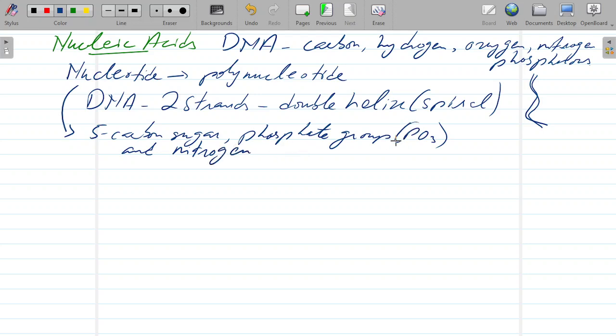It's made of phosphorus. Do you see the P over there? The phosphate group is made using the element phosphorus. Any questions? Okay.